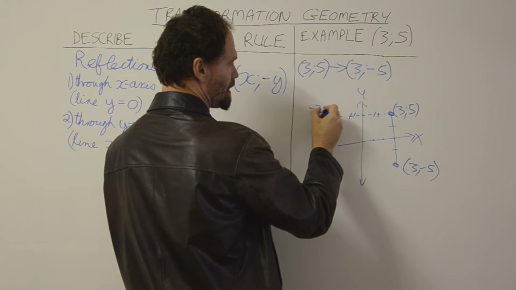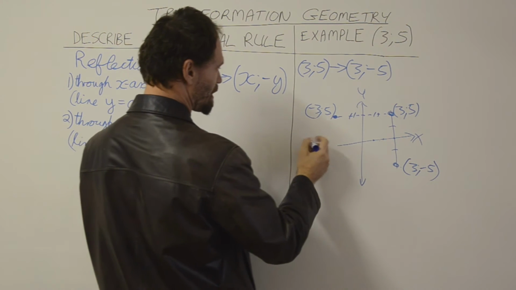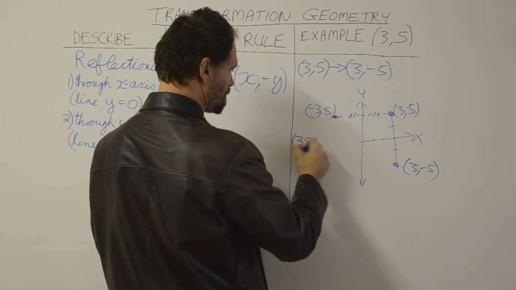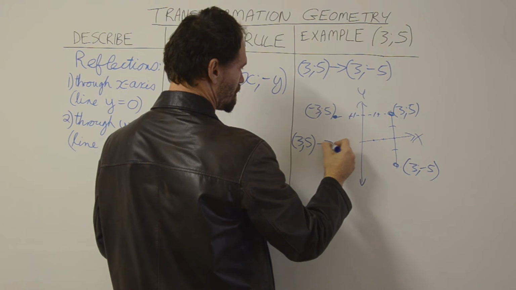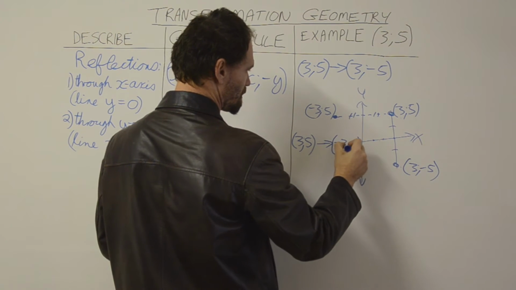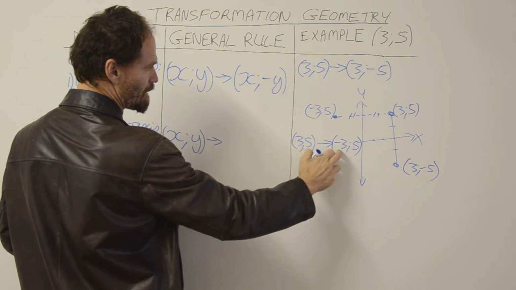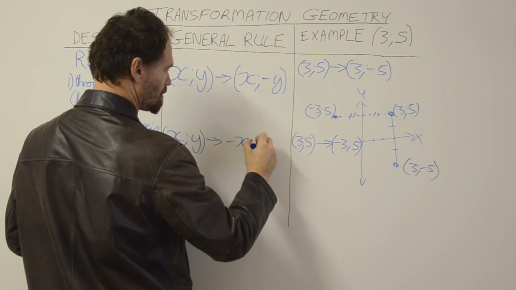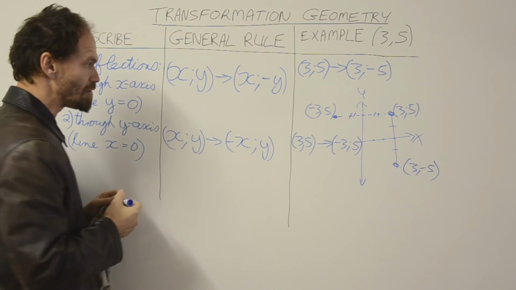So I'll have negative 3 and 5. So my example is that 3, 5 becomes negative 3 and 5. So x became negative x and y stayed y. There we go. Another one down.